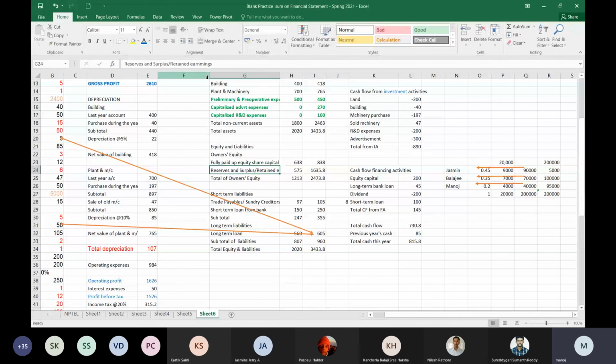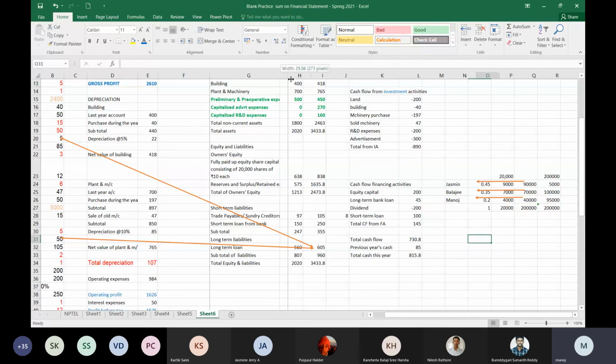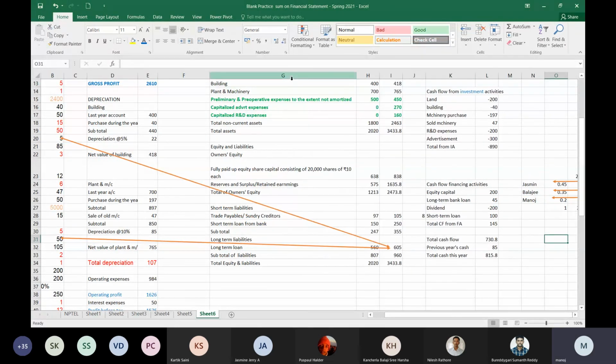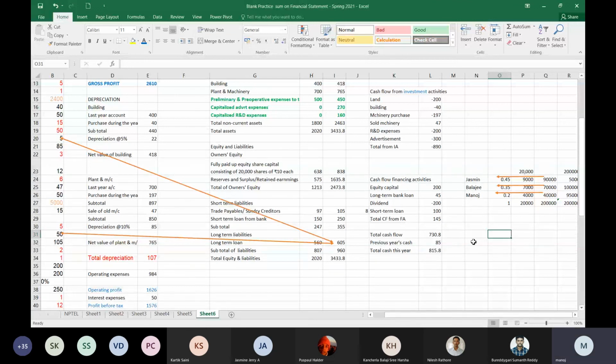You can write it this way, but it doesn't come in the estimation. It is just shown here. So this is how it is decided. Your equity capital is this one, 2 lakh rupees.